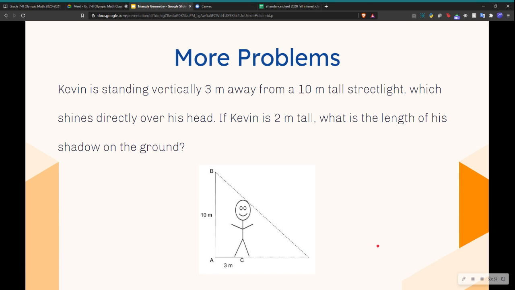Give you guys a minute to think about it. Think about how we approach this. And here's where parallel lines come in handy. Give you guys that hint.